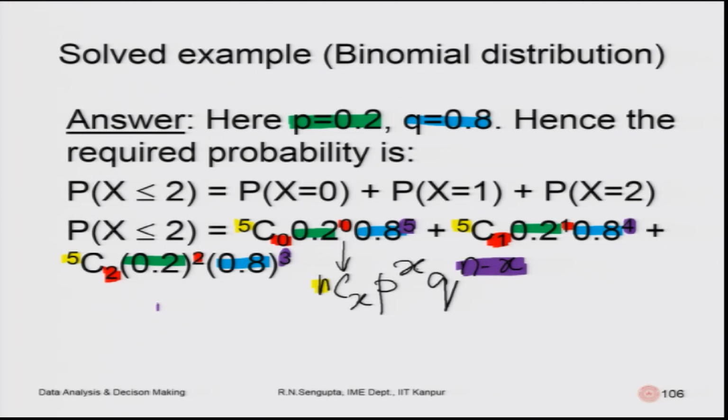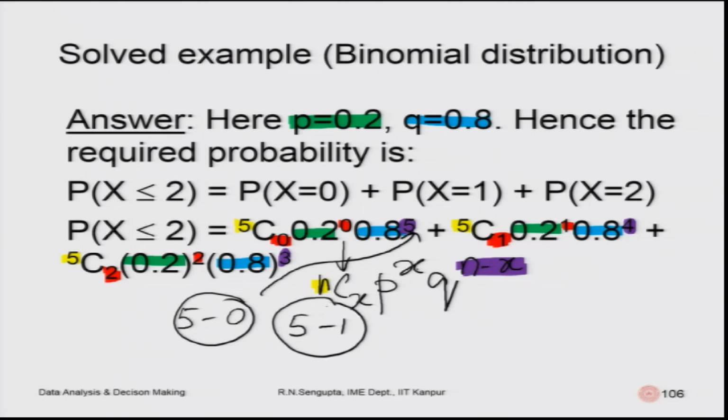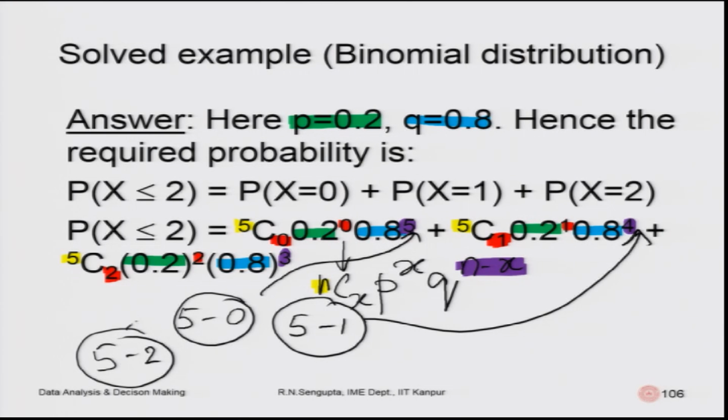So, in the first case it will be 5 minus 0, which is here, 5 minus 1 which is 4, which is here, 5 minus 2 which is 3 is here, and the corresponding values of x are changing. So, these values which I am writing, 0, 1, 2, are basically the x's depending on which reading you are taking.